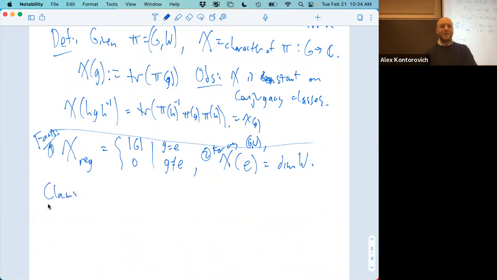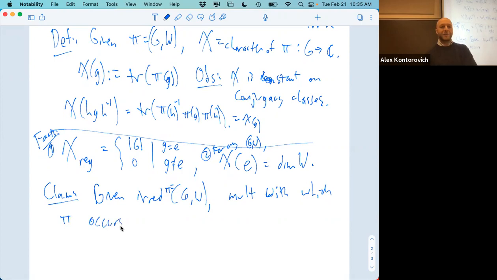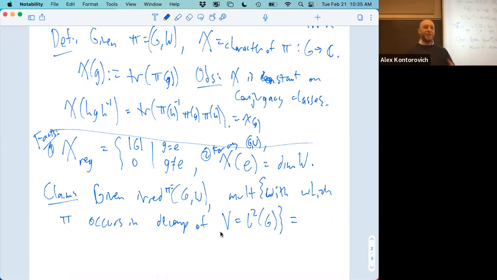My claim is that, given some irreducible representation of G on W, the multiplicity with which this particular representation pi occurs in the decomposition of the regular representation L2G is equal to the dimension of W. In other words, when you decompose L2 of G into irreducibles, you might get the same irreducible more than once.